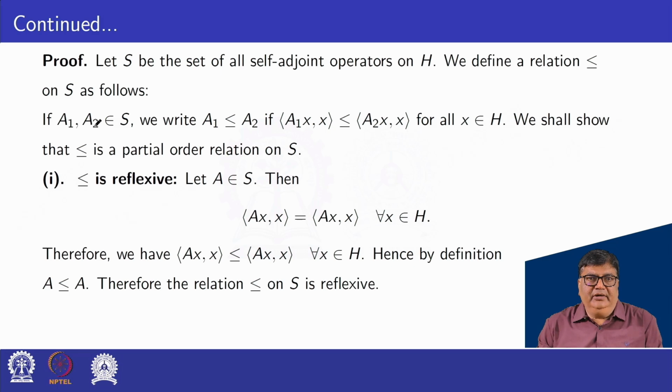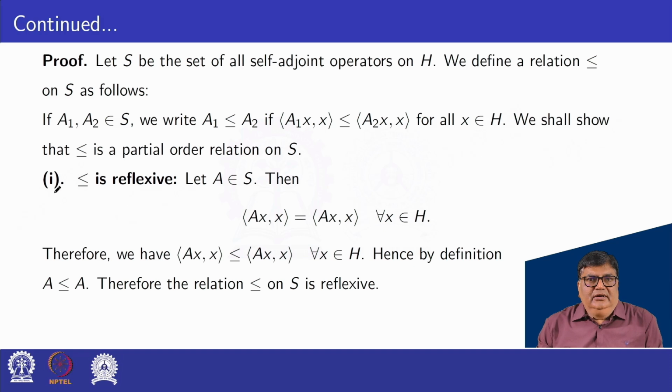If A1 and A2 belonging to S, we write A1 ≤ A2 if the inner product of A1x and x is less or equal to the inner product of A2x and x for all x belonging to H. We shall show that ≤ is a partial order relation on S. That is, we have to prove all three conditions: reflexive, antisymmetric and transitive.